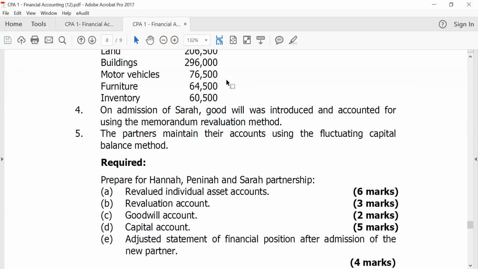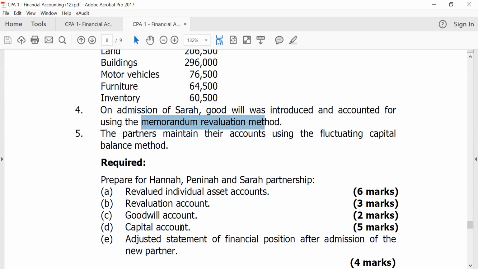Sometimes they can say goodwill was introduced, but the partners choose to write it off. Sometimes they may not specifically tell you this method, but they can tell you that the partners don't keep goodwill in their books of accounts. It's the same thing that will happen in that case, okay?